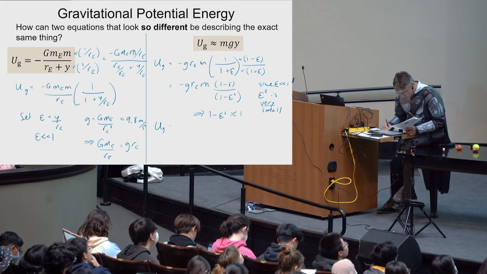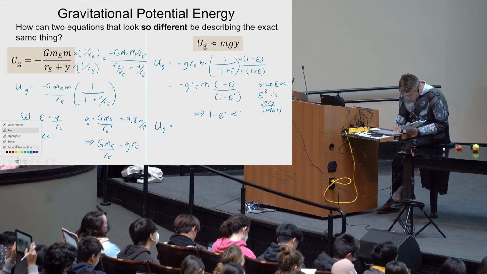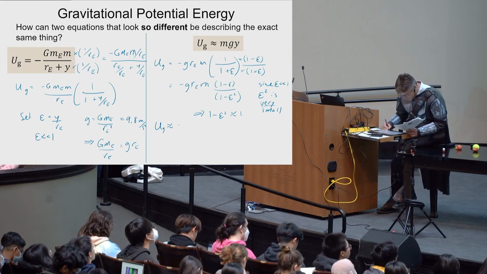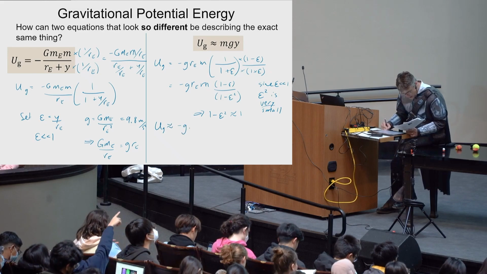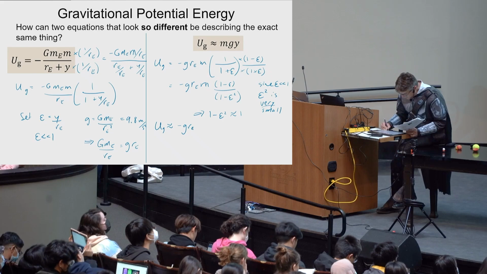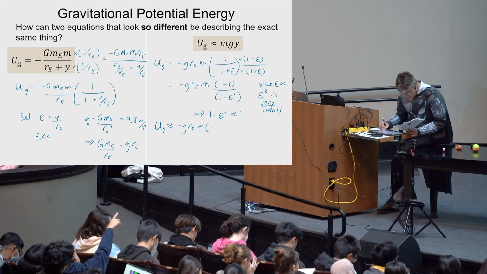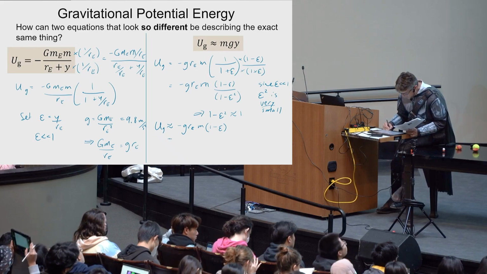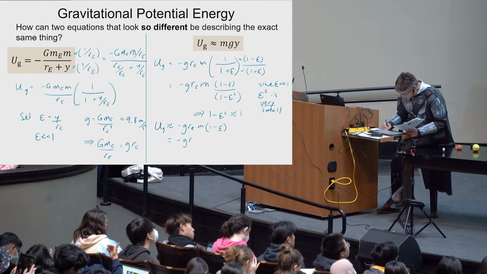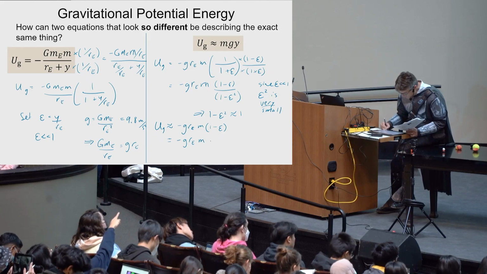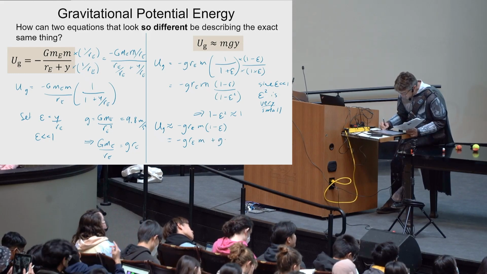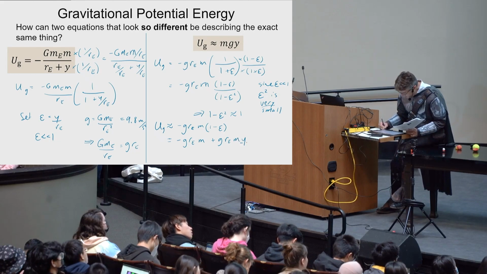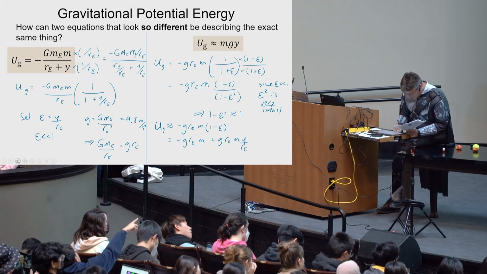So what this means is that 1 minus epsilon squared is approximately equal to 1. So U sub G is approximately equal to, let's do it more carefully, negative g times R_E, radius of the Earth, times the mass, times 1 minus epsilon. So you can expand that out. It's negative g R_E times m plus g times R_E. Don't forget epsilon is just Y divided by R sub E. So these cancel.